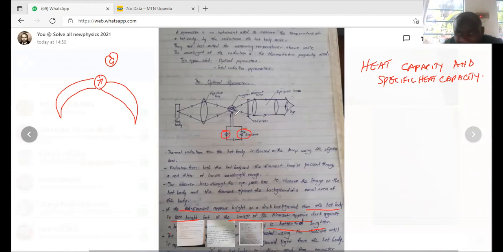Then they calibrate that current to give a reading in Kelvin. I think we need to have it there because we are going to talk about it. Otherwise, chances are very high that some of these items, when you miss them in the diagram, you might end up forgetting to talk about them. That is my only worry. Some remember and talk about them, but other students forget about them totally.